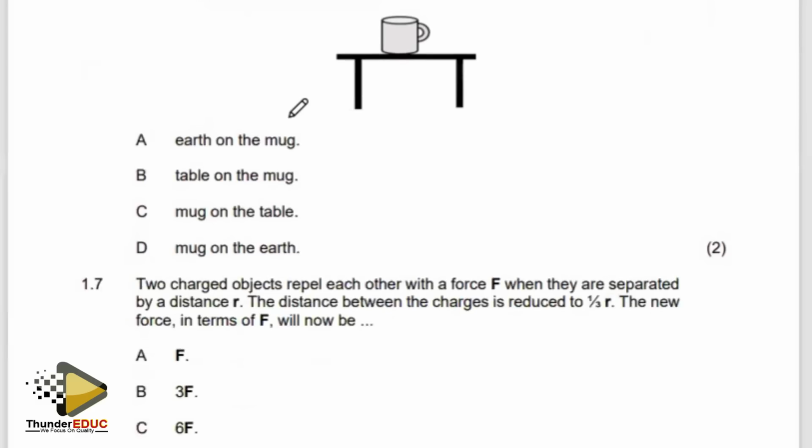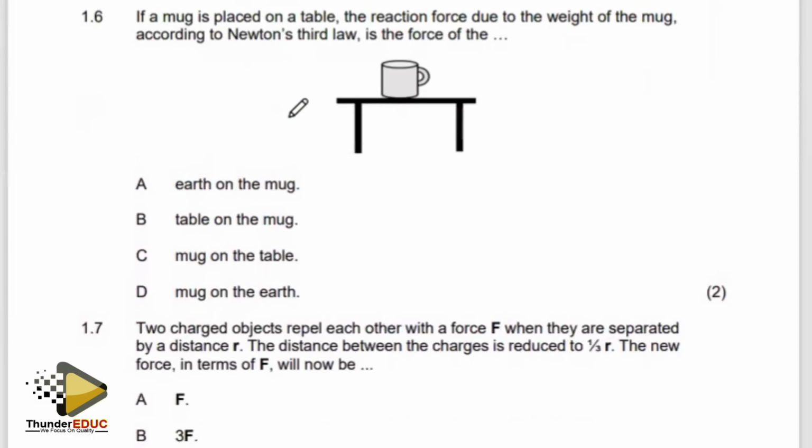Then 1.6, if a mag is placed on a table, the reaction force due to the weight of the mag, according to Newton's third law, is the force of, this is 1.6. Yeah? Is it the earth on the mag?